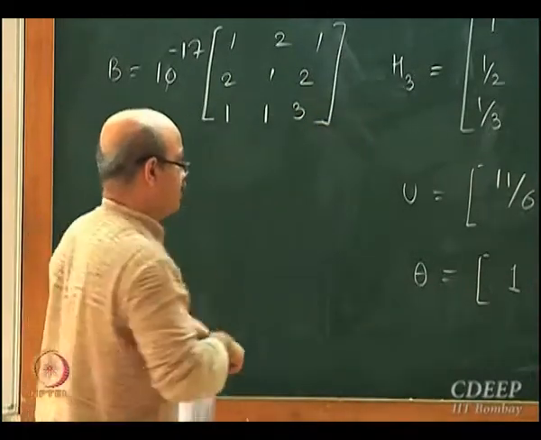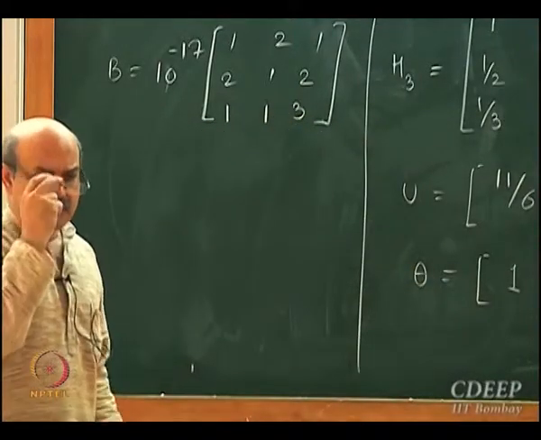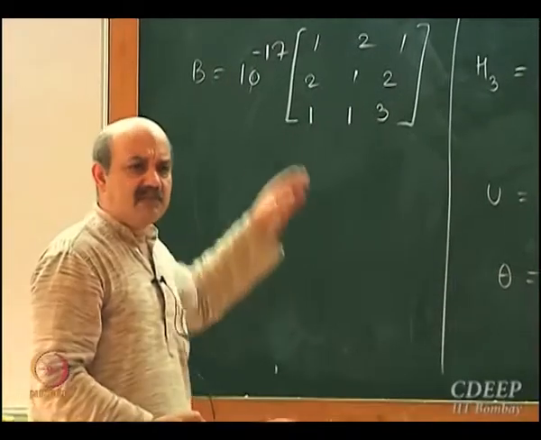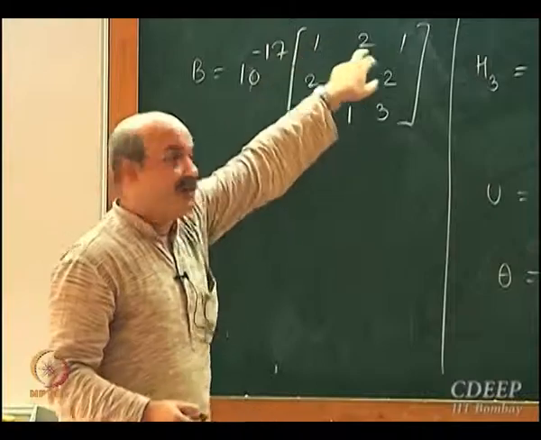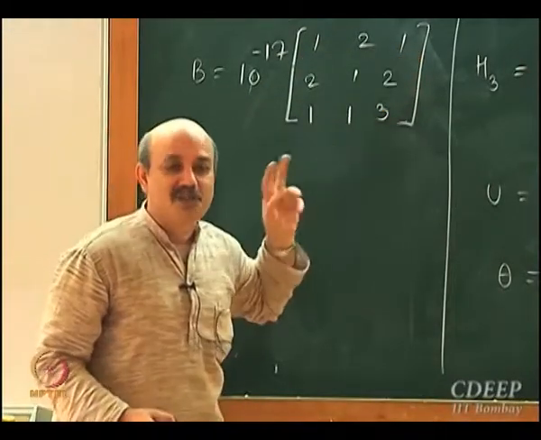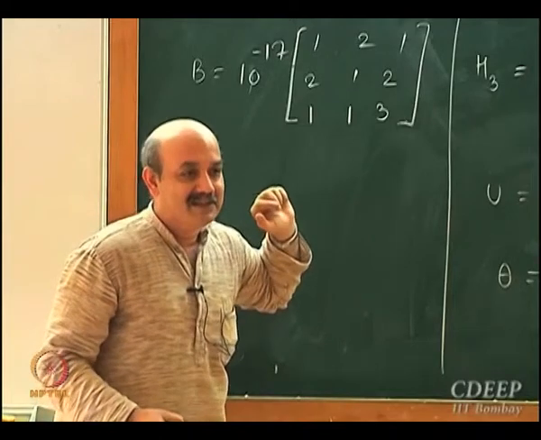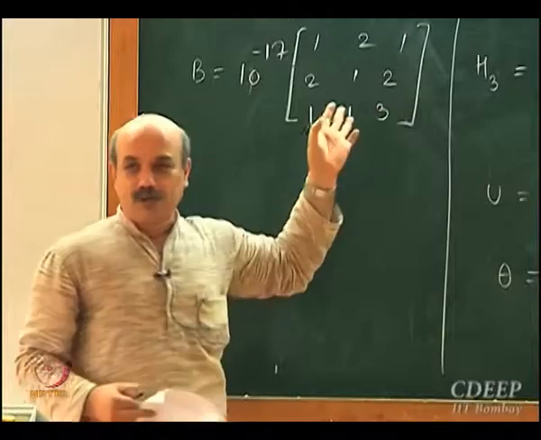I have taken this matrix: 1, 2, 1, 2, 1, 2 times 10 to the power minus 17. Now you might say that this matrix is like a null matrix. 10 to the power minus 17 into 1, 10 to the power minus 17 into 2. It looks like a null matrix, right? All the elements of this matrix are close to 0.